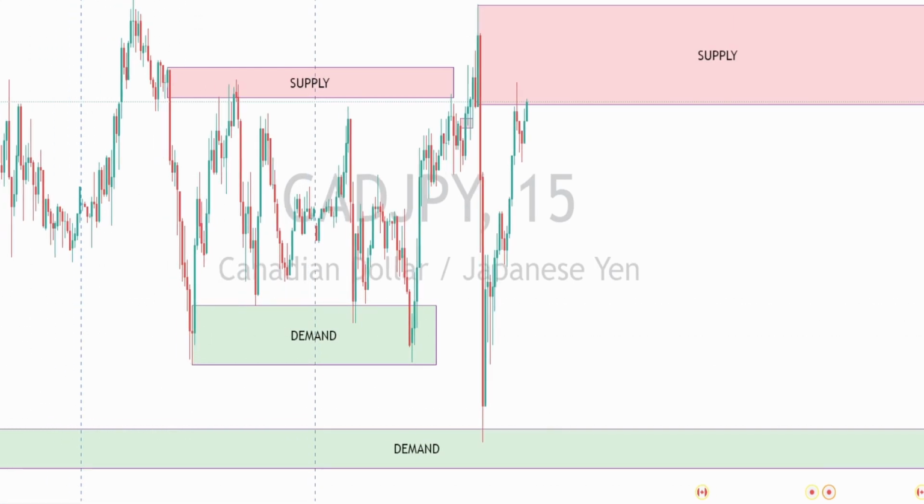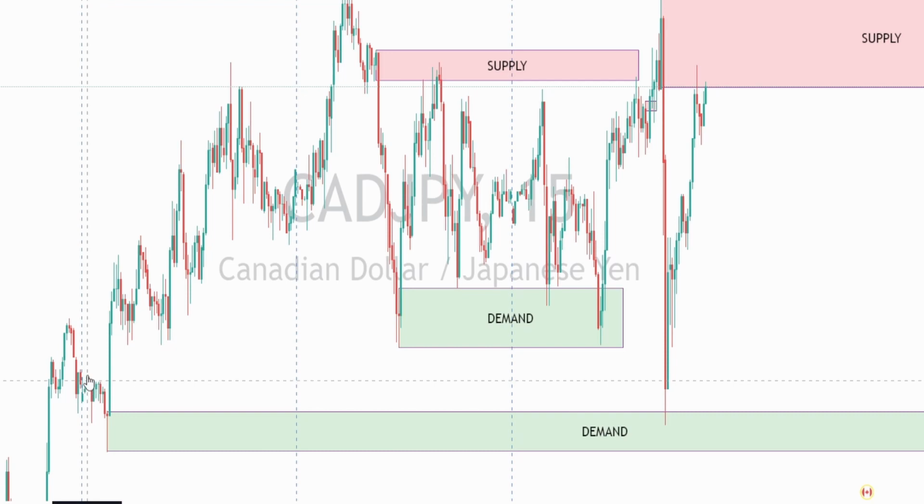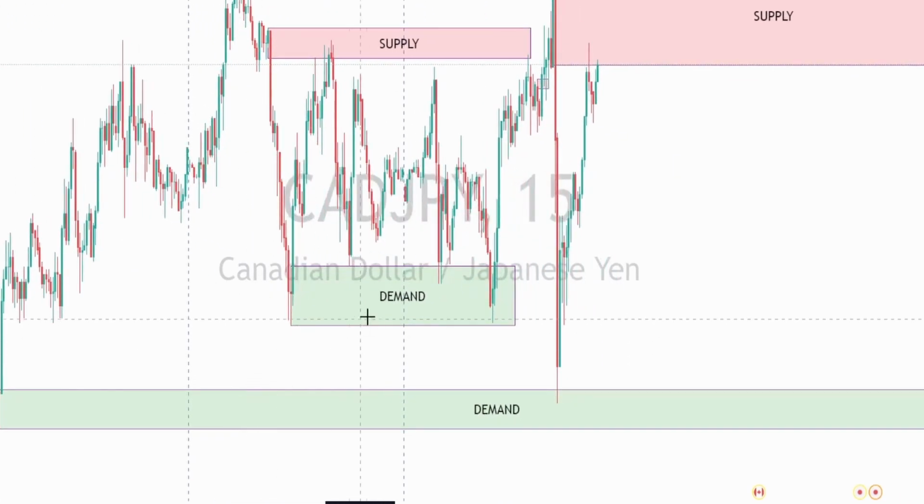And for the demand zone down here, you can see again, here we are. Price was coming down. Lots of buying pressure in here, breaking structure. We mark the area off as a demand zone, waiting for price to return.